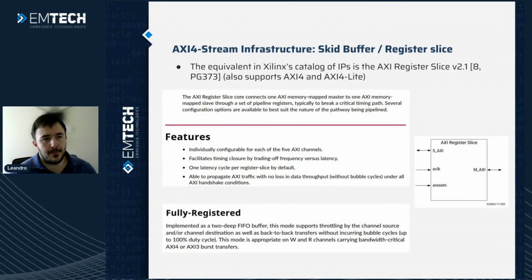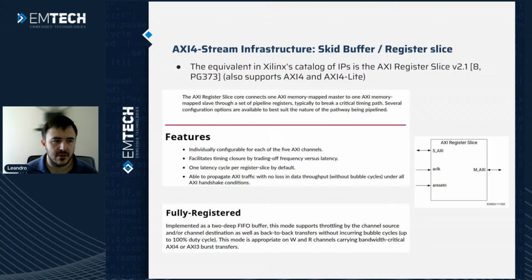There is pretty much an equivalent of the skid buffer inside the catalog of IPs by Xilinx, which is called AXI register slice. It also supports AXI4 and AXI4 Lite, but it pretty much carries the same. You can see in the description that it says this is taken from the IP user guide.